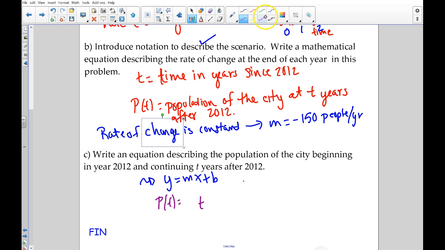Okay, and then we also found that m was that rate of change from right up here. So I'm going to write minus 150. Okay, and then b, if we go back to our linear model when we were talking about the different components and what they represent, this was the starting value, so the city started at 10,000 people in year 2012, and that would be our linear model.